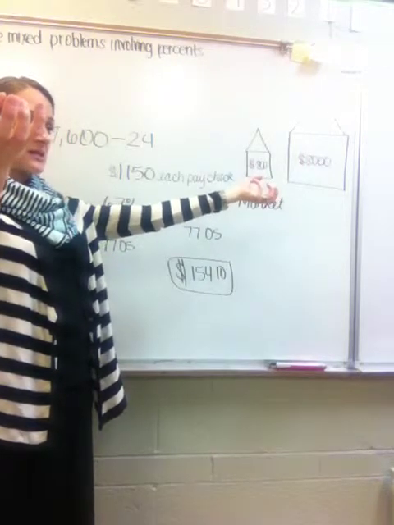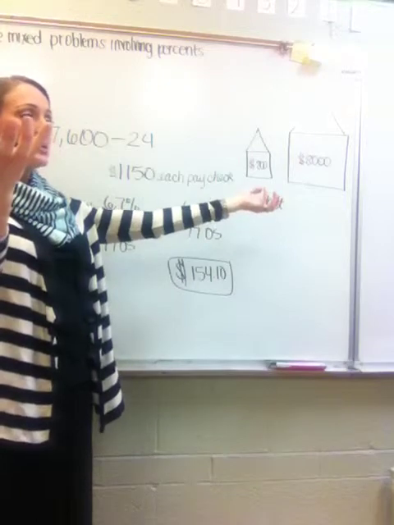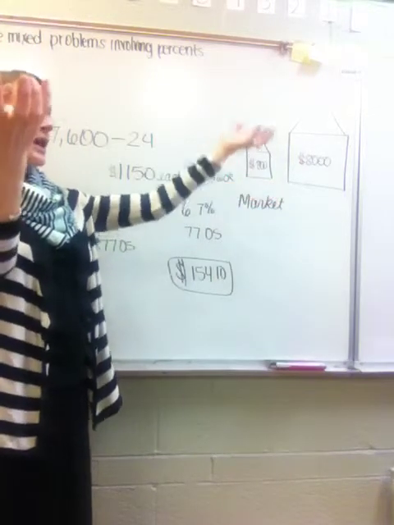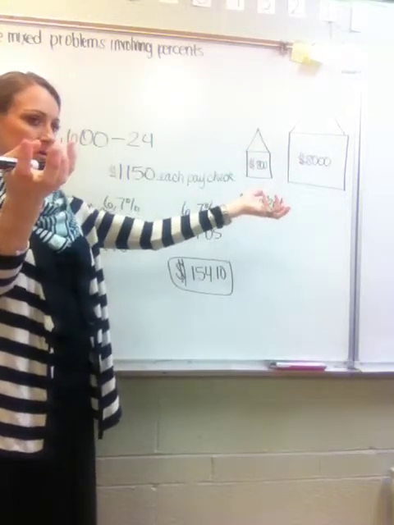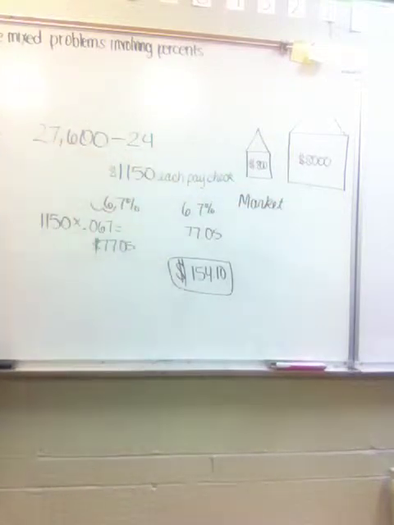So a giant house in Norwood and a smaller house in Hyde Park. That's what the market value states. So market value and assessed value. This is a lot of words for you guys.